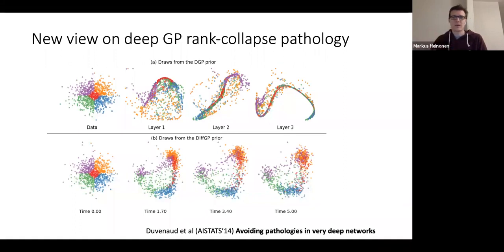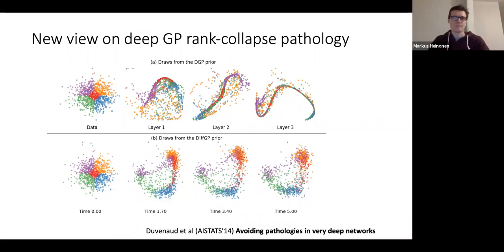So it seems that the mass is being concentrated and the rank of the system seems to be collapsing. And this has been analyzed in several papers, and there are various ways to counter this pathology. But in our system, if we interpret this differential flow or this SDE system as a deep GP, it doesn't collapse because we have this Wiener process that always perturbs points in a relatively chaotic manner. So things can never collapse.